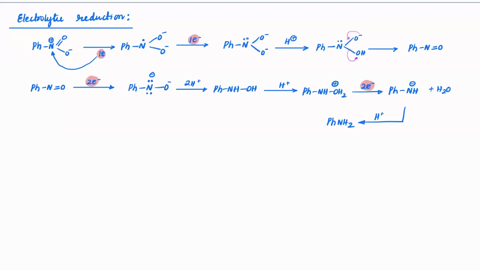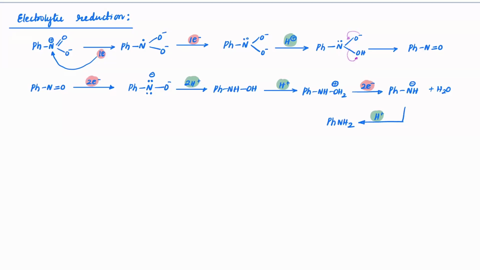Check how many H plus I have used: 1 and 2, 3, 4, and then this is 5. One more H plus will make it NH3 plus and the water would take it away, so I'm not pushing into that part. It is all about the number of electrons that we need to know.